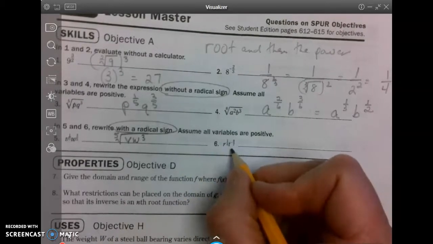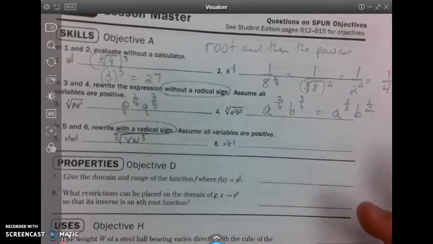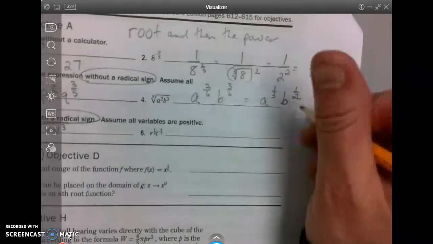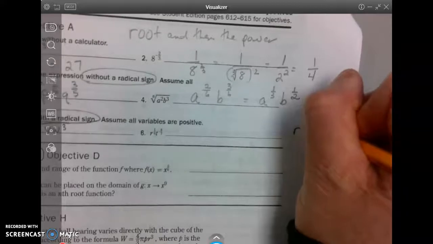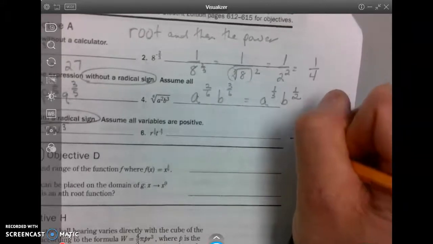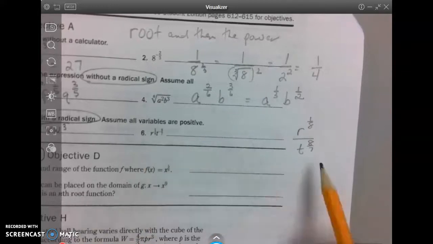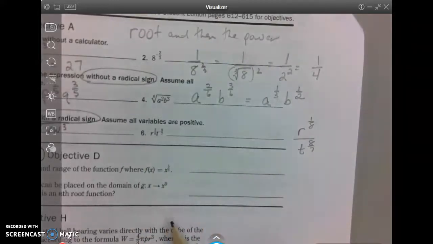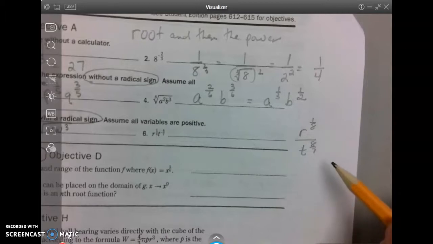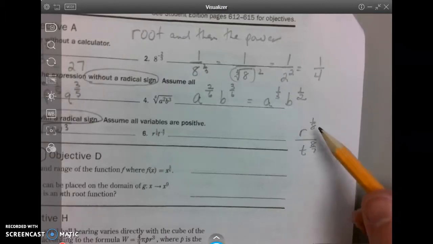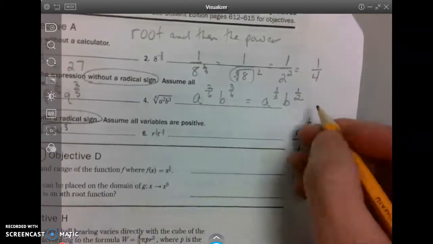If you want to get rid of the negative first, you can, or we can do that at the end. So if you wanted to do it first, we would have r to the 1/8 over t to the 8/7. And we moved the t to the bottom in order to get rid of the negative. But I need a common denominator. And the common denominator of 8 and 7 would just be 56.